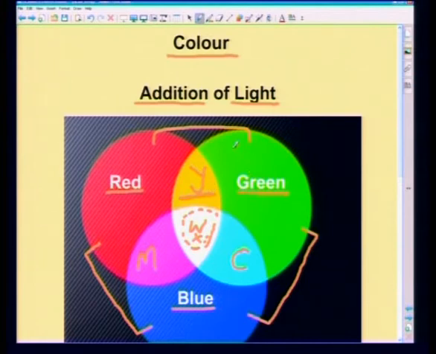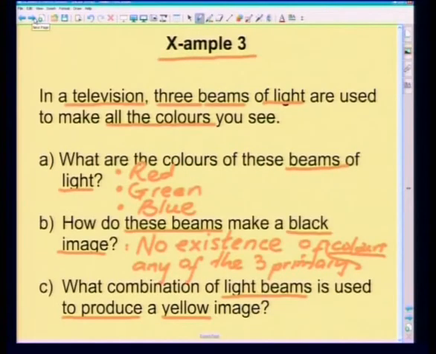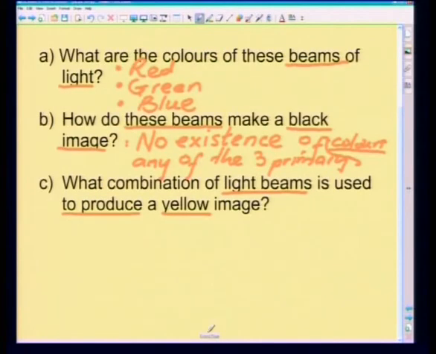Now, what combination are we going to have of light colors that are going to give us the yellow image? So we would have a combination of red and green. Red and green gives us yellow. So our answer to this part here would be to say, for us to get a yellow image, we will need a combination of red and green.